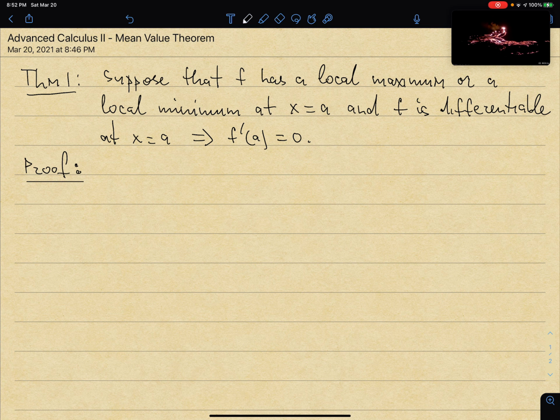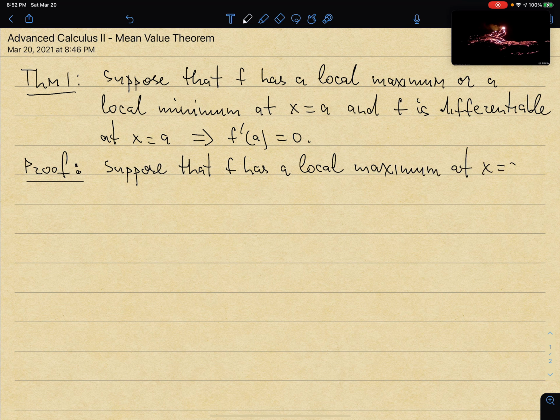Okay, so let's suppose that f has a local maximum at x equal to a. Now, before doing anything, let's recall what that means.